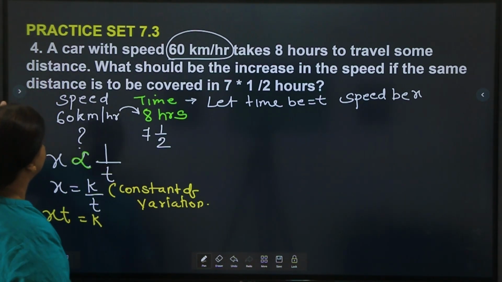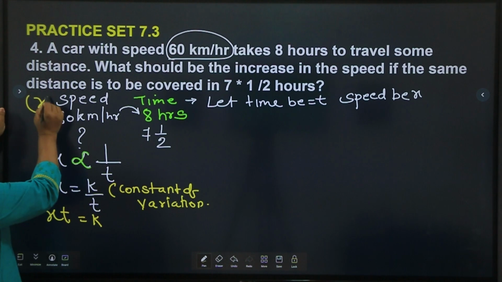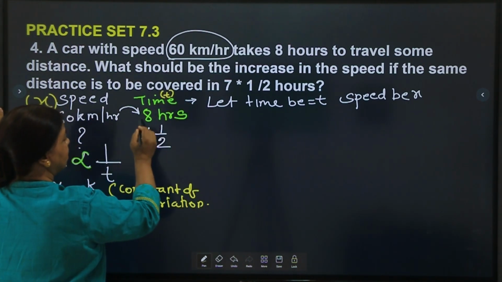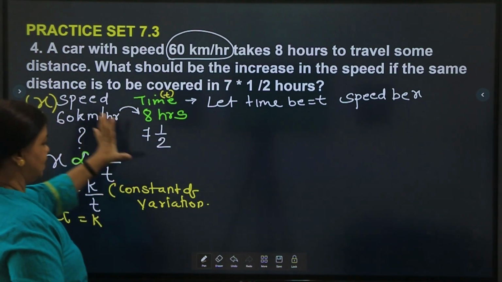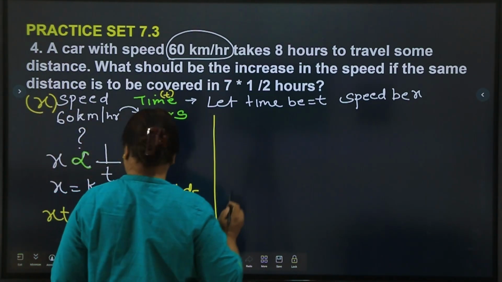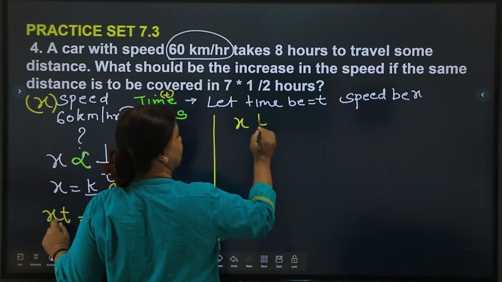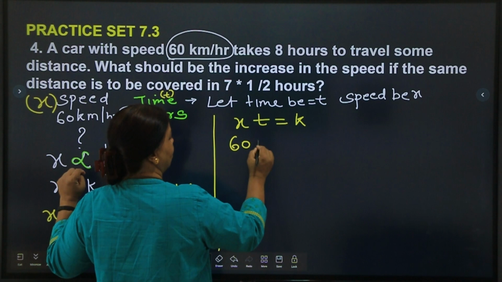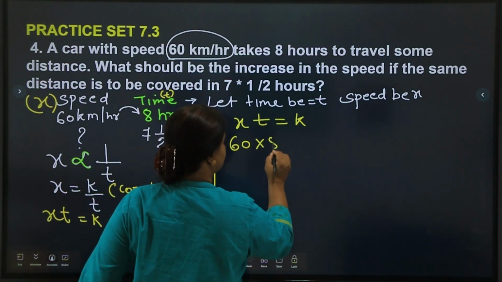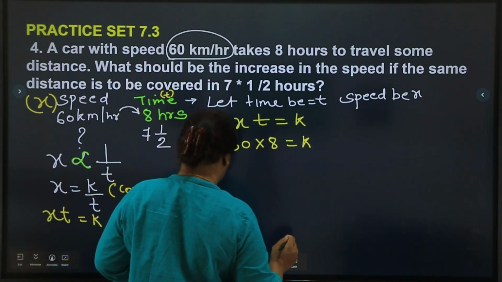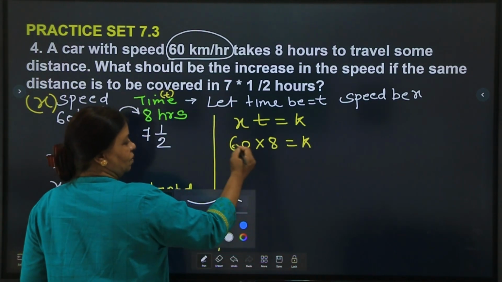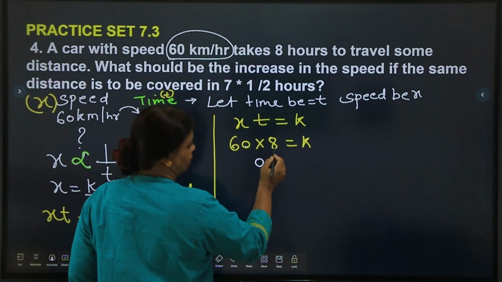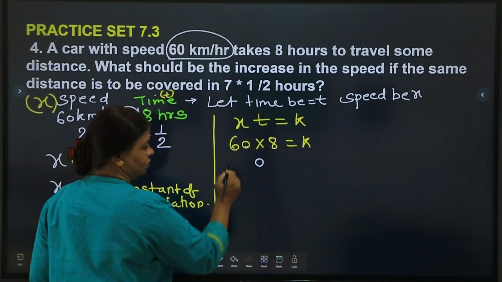X is how much? Speed is x we have assumed, and time is 8 hours. So let's find out. xt is equal to k. x is 60 into time is 8 hours is equal to k. 8 zeros are 0, 8 6s are 48.